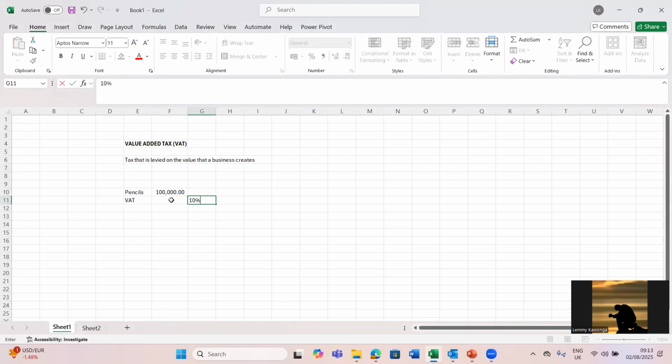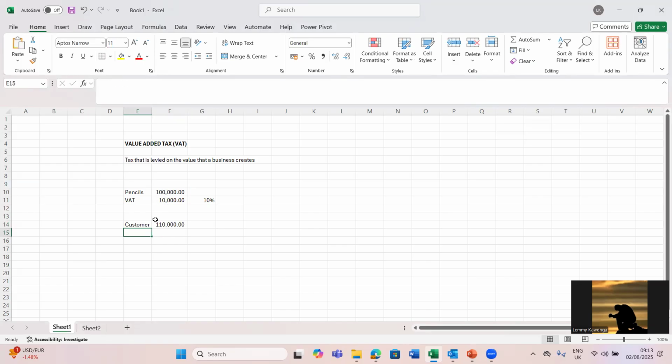So it will be 10% of the cost of manufacturing or my price. The price I'm charging the customer. So the customer will pay how much? The customer will pay 100,000 plus 10,000.